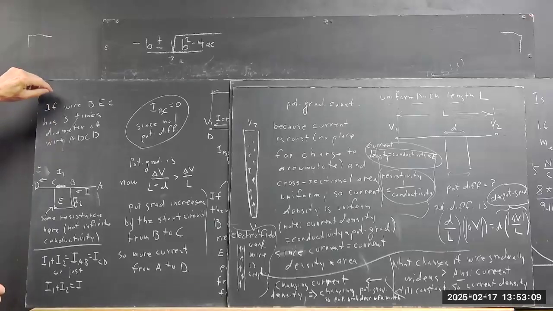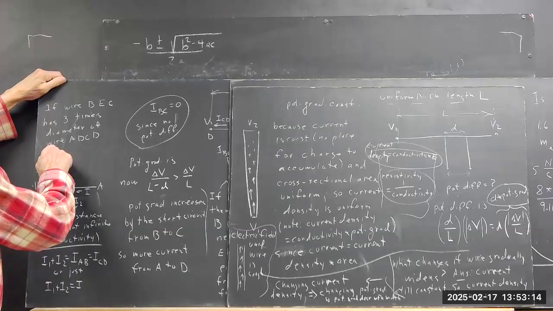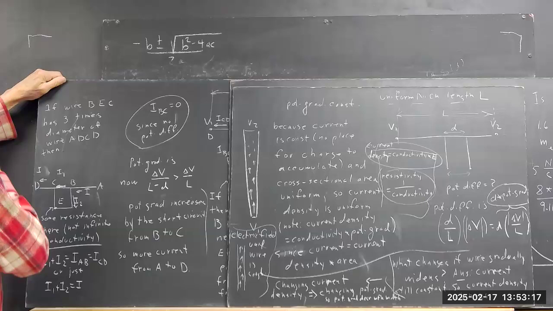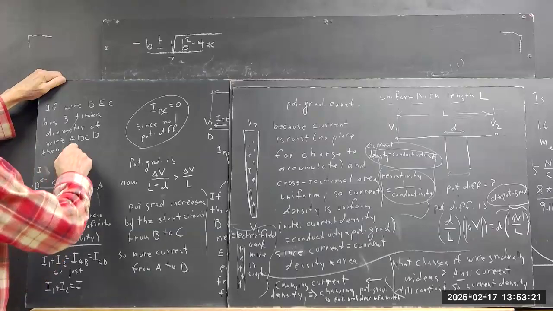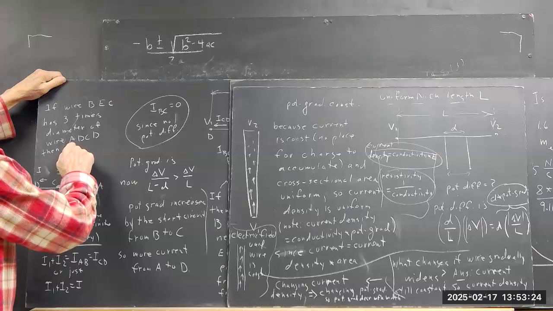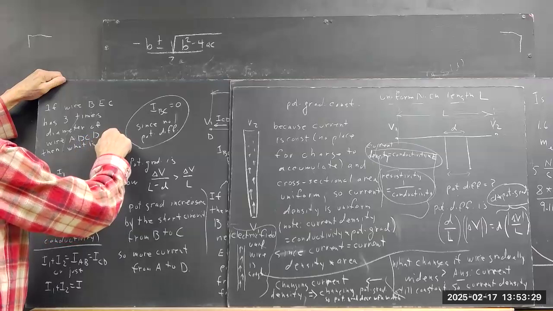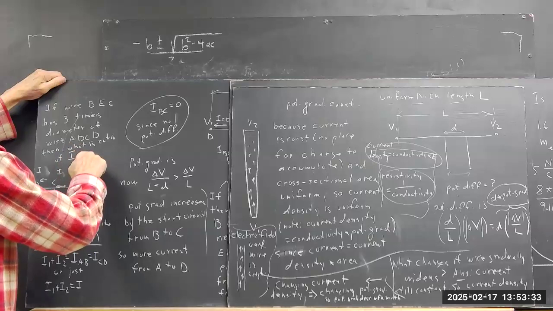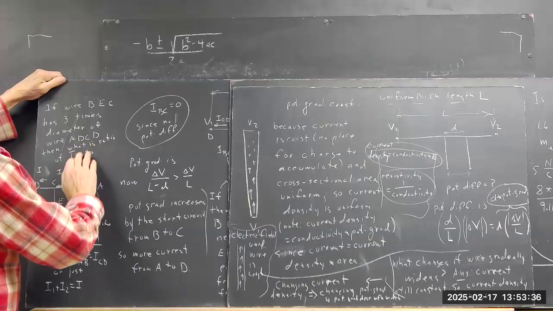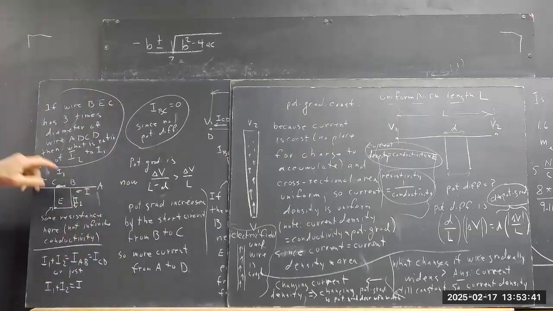But anyhow, we don't really need it at this point. The question is what's the ratio of I2 to I1.